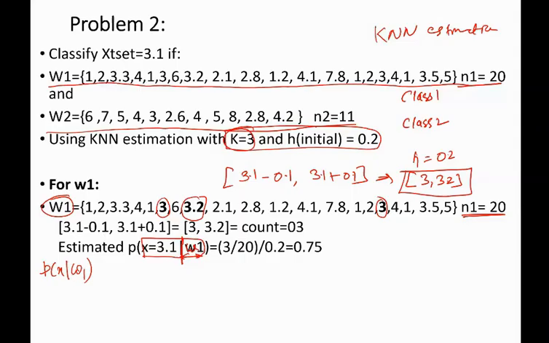This is the likelihood of 3.1 in omega 1. So 3 by 20, since the number of samples in omega 1 is 20, divided by 0.2, that is h. So it is 0.75.